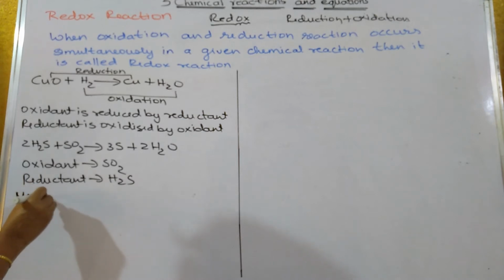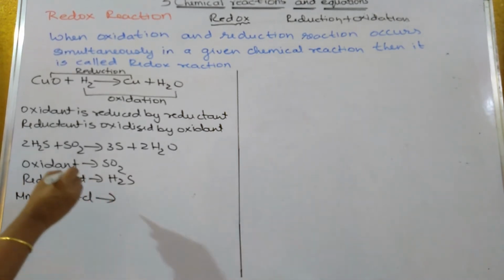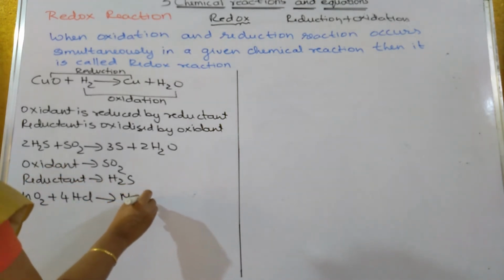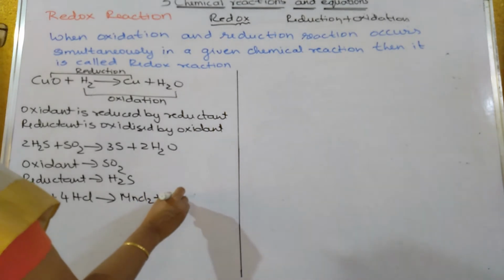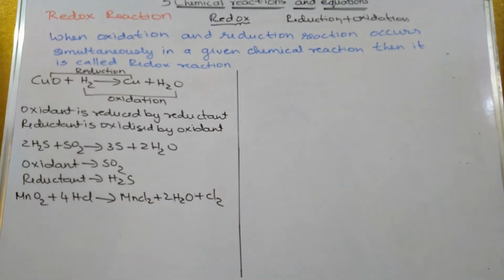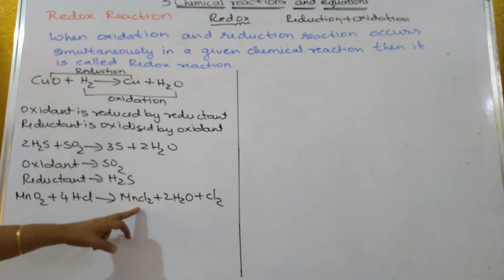Now another example is given. MnO2 plus 4HCl gives MnCl2 plus 2H2O plus Cl2. Now over here, MnO2 loses oxygen to form MnCl2, therefore it is a reduction reaction.